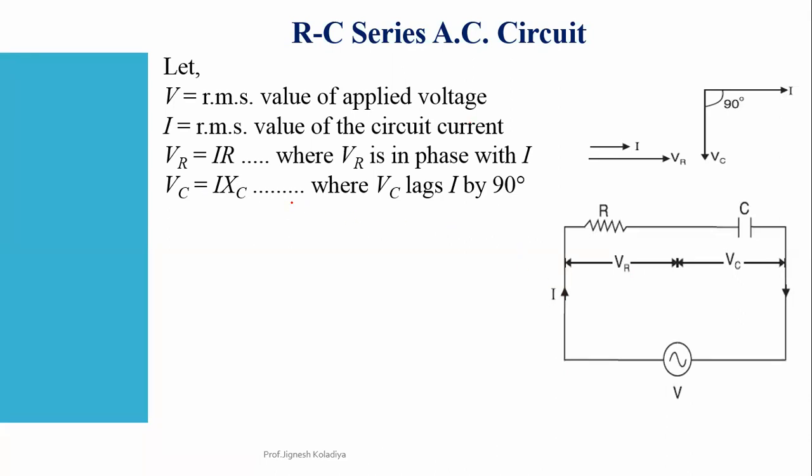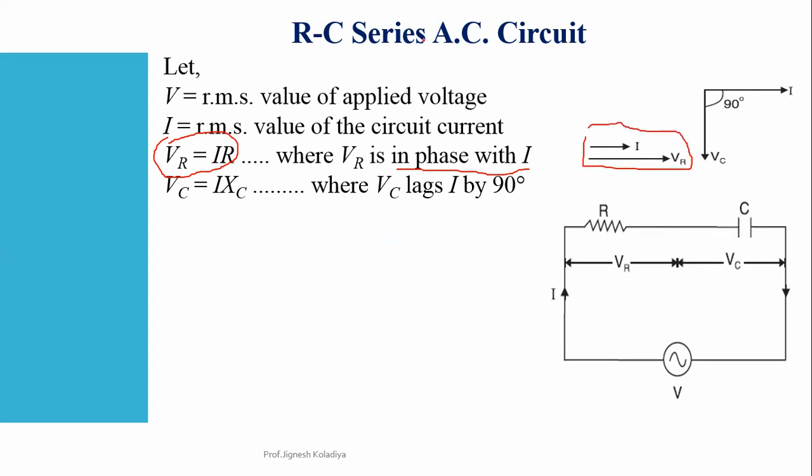Again, the voltage and current relationship for the resistance is the same: VR is in phase with current, so there is no phase shift in case of resistance.